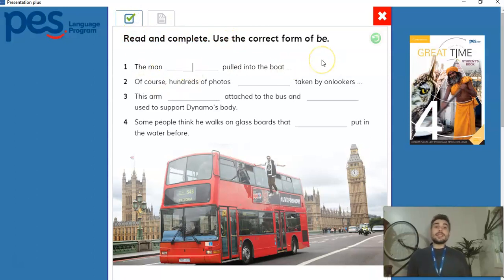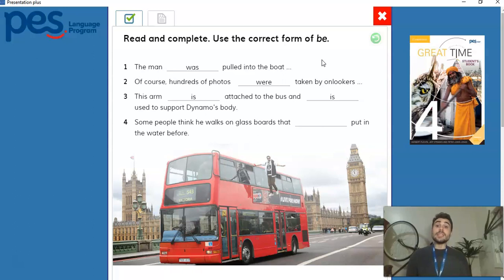So the first sentence says, the man was pulled into the boat. 2 says, of course, hundreds of photos were taken by onlookers. 3, this arm is attached to the bus and is used to support Dynamo's body.